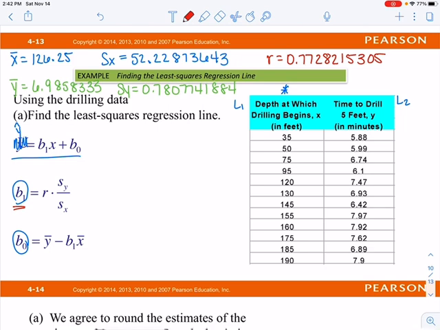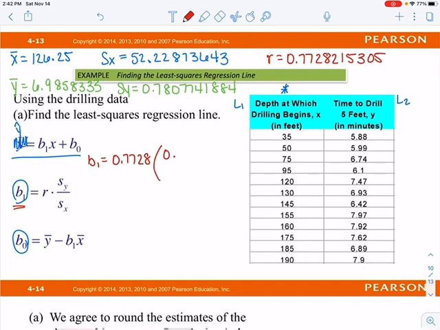Now I'm going to abbreviate here only so that I have room and it's not all over the place. But again, please make sure you are not rounding until the very, very end. So B sub 1 is R, which is 0.7728, I'll say, times, on the top, I need S sub y.